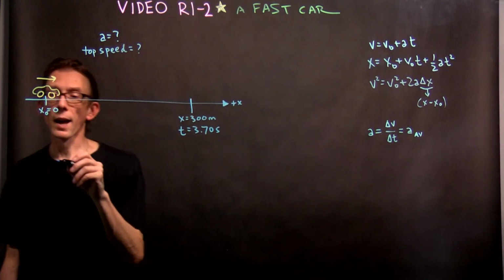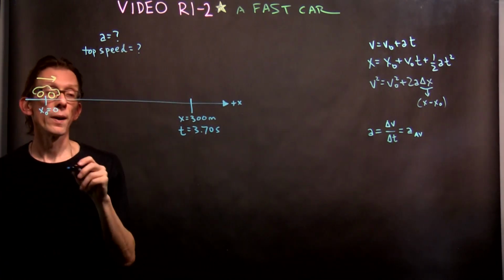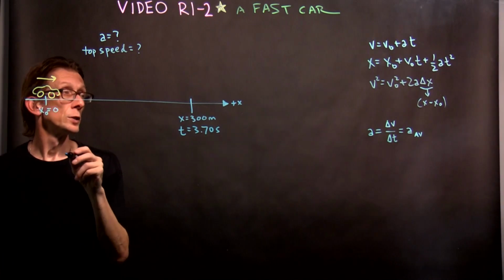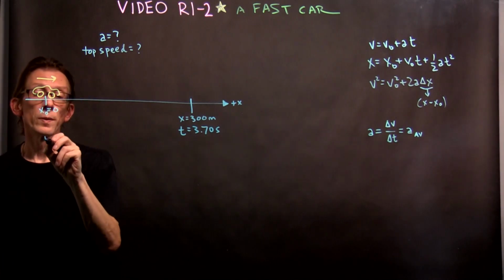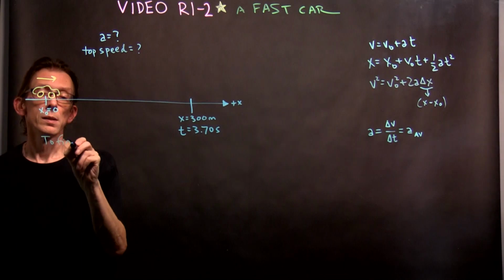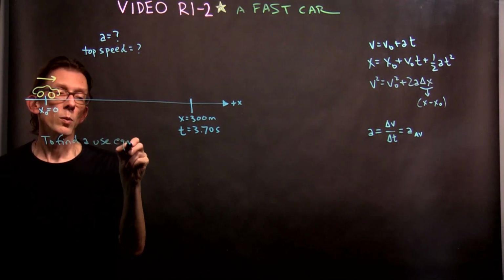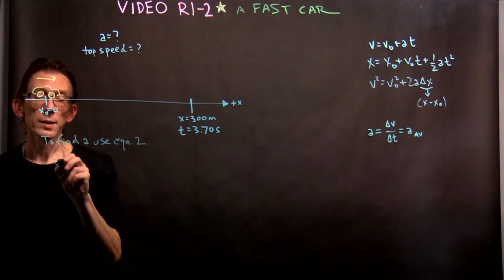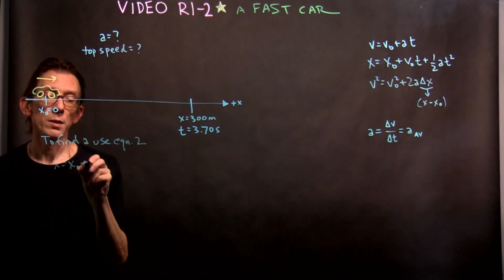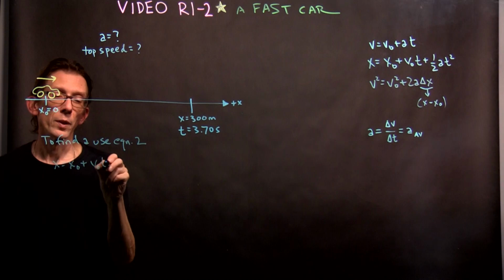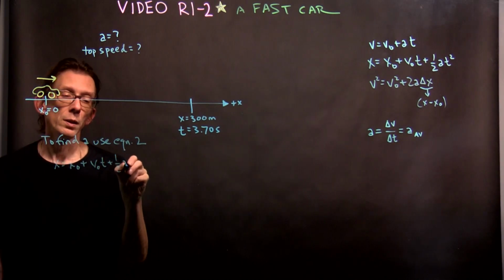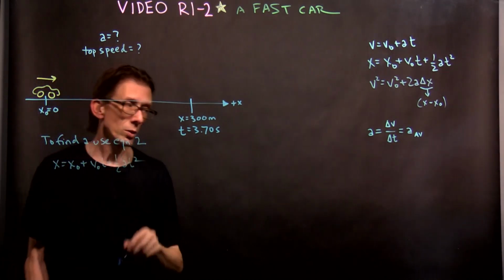So in order to find a, that's the first part, to find a, use equation 2: x equals x naught plus v naught t plus 1/2 a t squared.